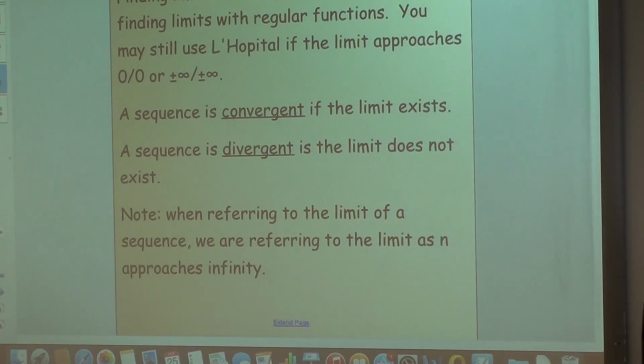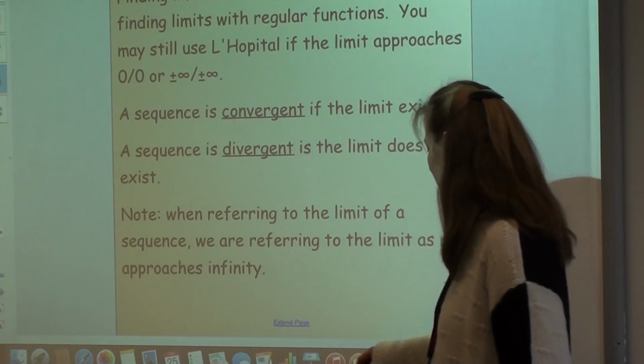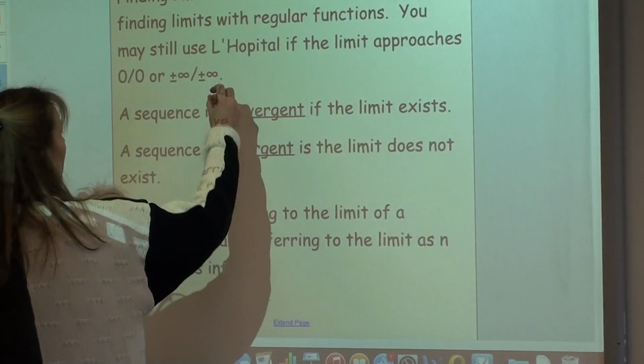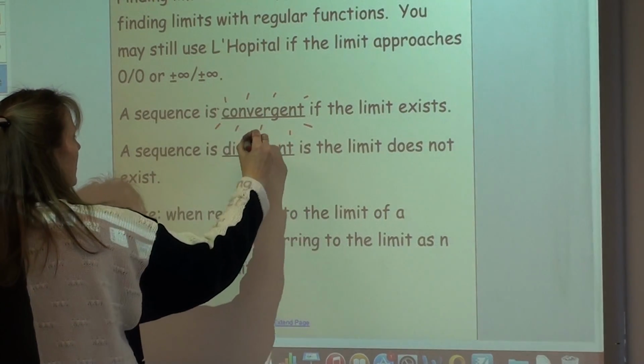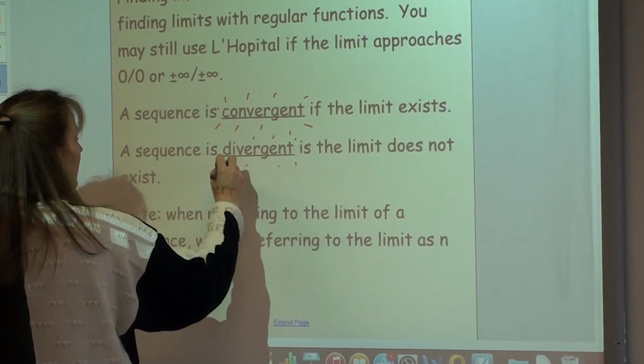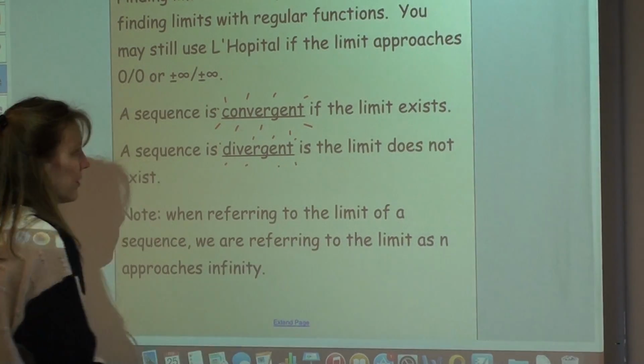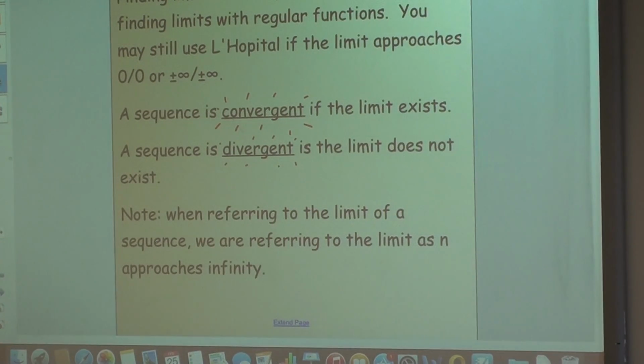These are big vocab words that you really need to know. This is for sequences, not series. If the limit exists, it's convergent. If the limit does not exist, it's divergent.